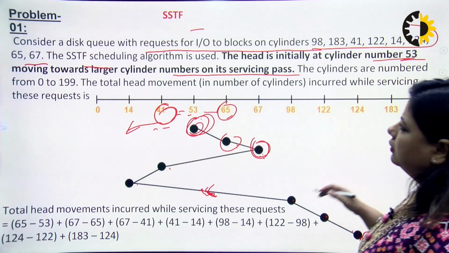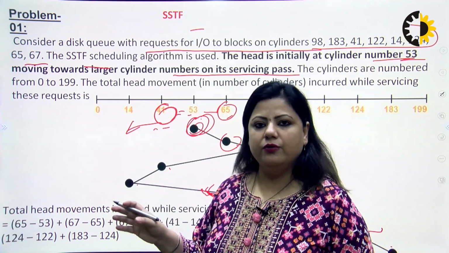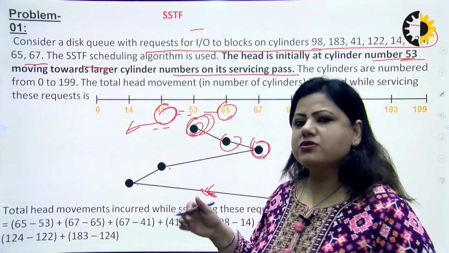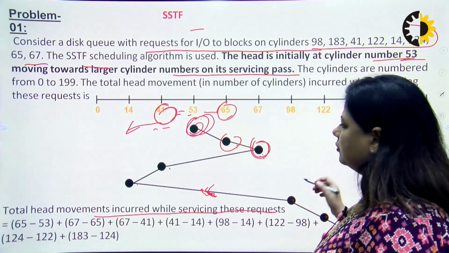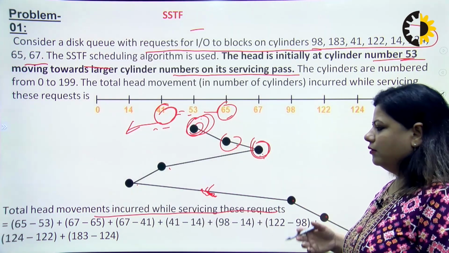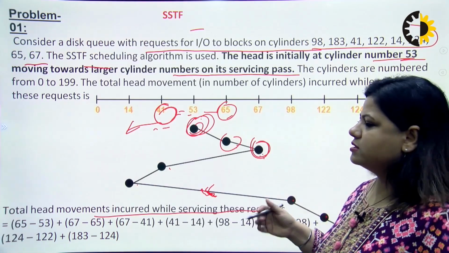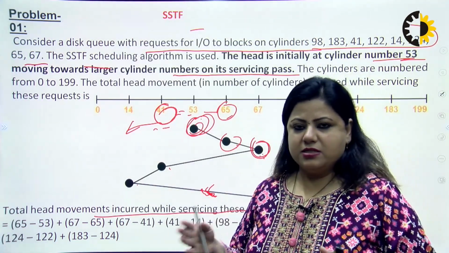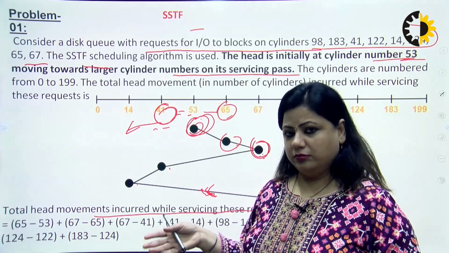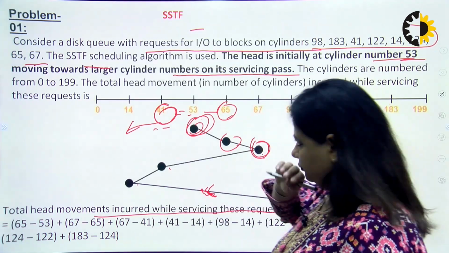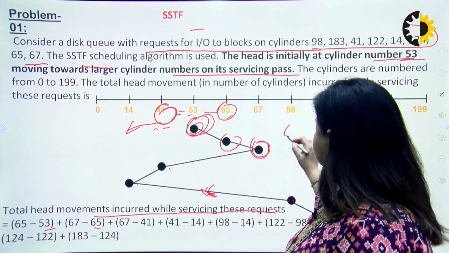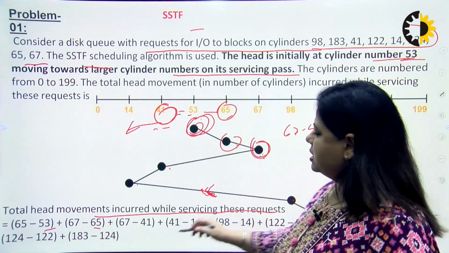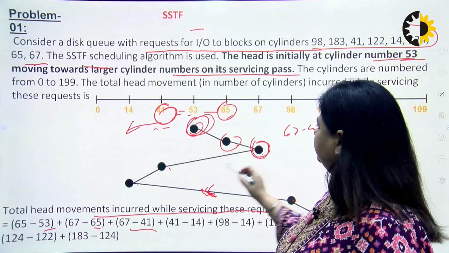This is solved according to shortest seek time first, or shortest job first. And then we calculate the head movements incurred while servicing these requests, the distance in between the head movements. First is 65 minus 53. Now 67 minus 65 plus 67 minus 41.